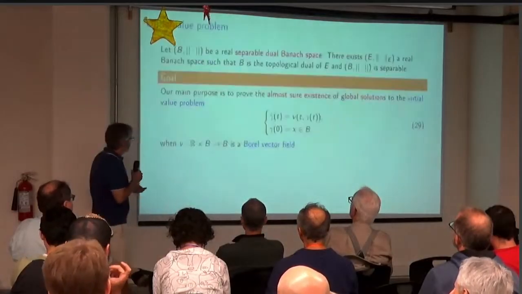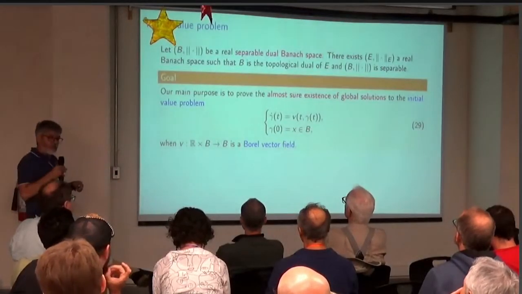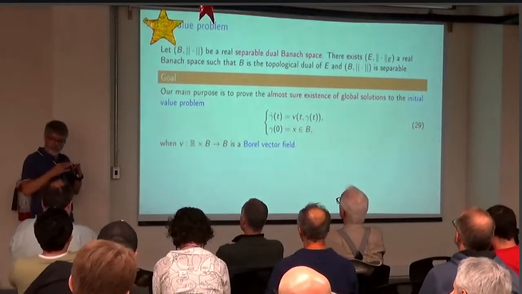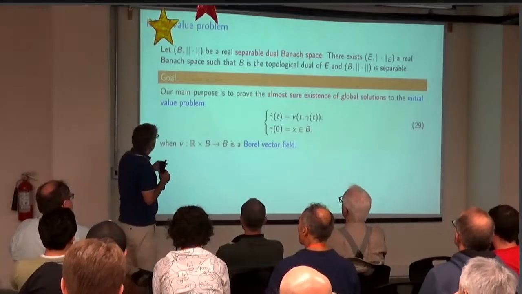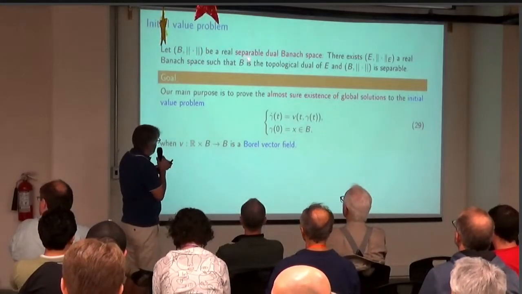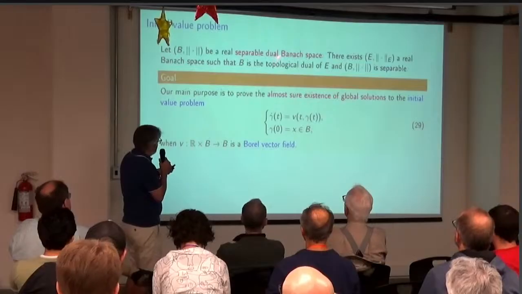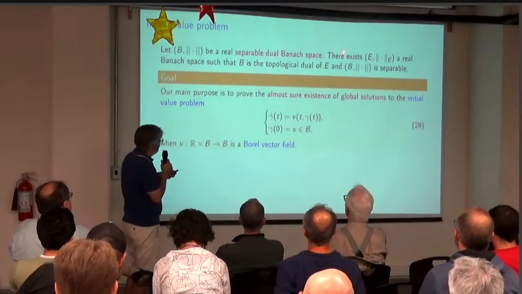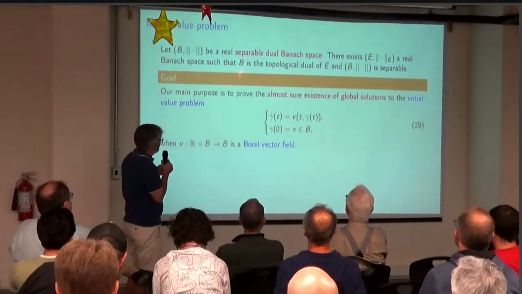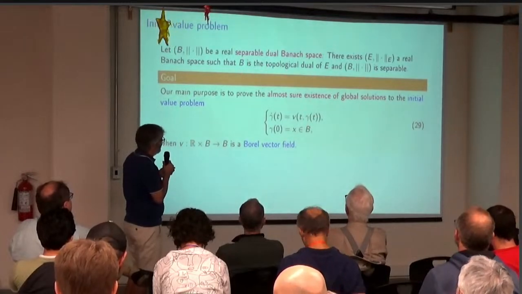Okay, let me introduce a little bit. Now we move to a somewhat larger setting, which is the following. Take a separable dual Banach space: you take a Banach space E, and then you take its dual. So B is the dual of a Banach space, and it is separable.